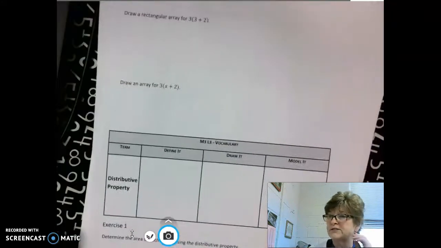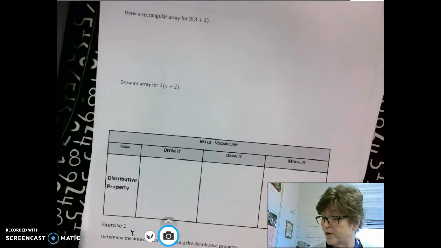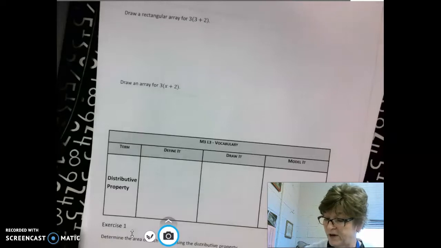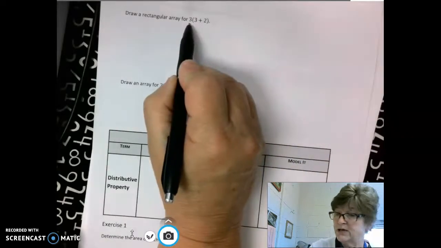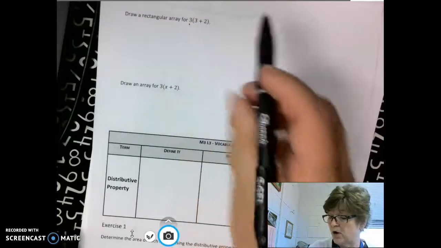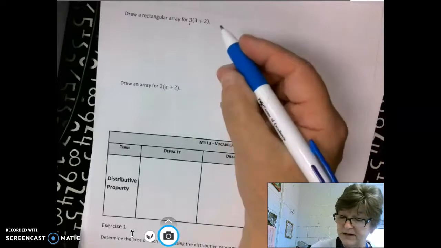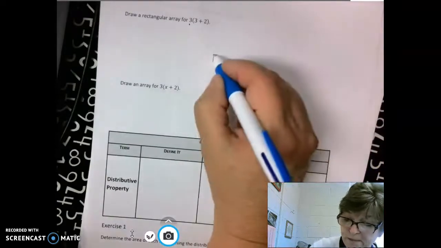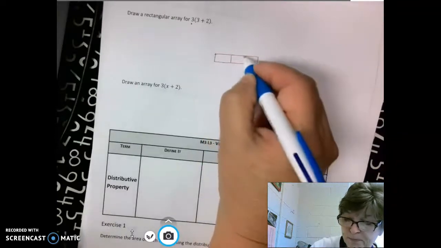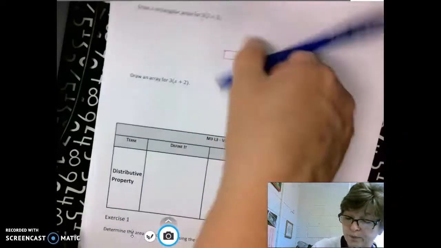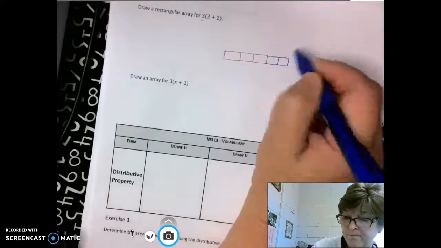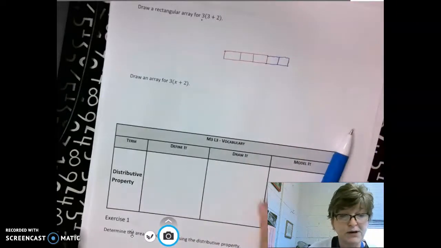Let's take a look at a rectangular array, and you're probably familiar with those from elementary school when you did multiplication facts. I'm going to start off here, and I know that I'm going to need a total of 3 groups. And those 3 groups are 3 plus 2. And how many groups of those do I need?